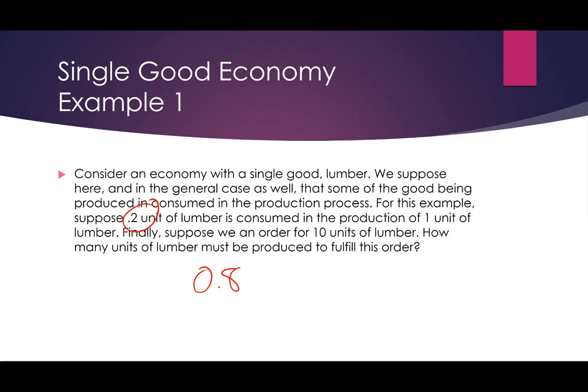I find some lumber, but I can only use 0.8 of it because 0.2 of it is disappearing, remember? So 0.8 is how much of it that I can use. I can only use 80% of what I'm harvesting for my final product. So 0.8 per however many, we need to try to find how much lumber do I need to consume to make my 10 units of lumber.